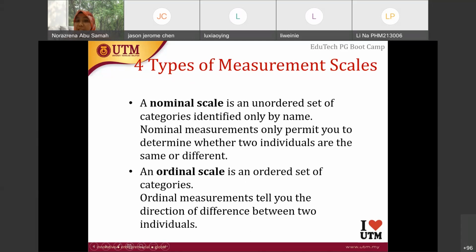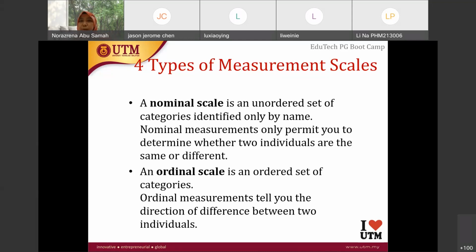For example, the Likert scale. Please bear in mind that the Likert scale is one of the ordinal scales, a very famous one, because we order the categories. Also our grade is an ordinal scale: A, B, C, D, E, and so on. We order it, but the score itself is not ordinal. When we order it into grade A, B, C, D, it is called an ordinal scale.